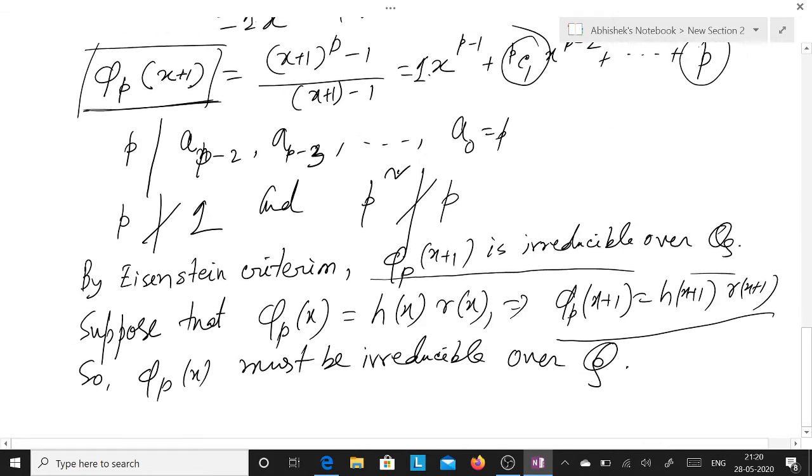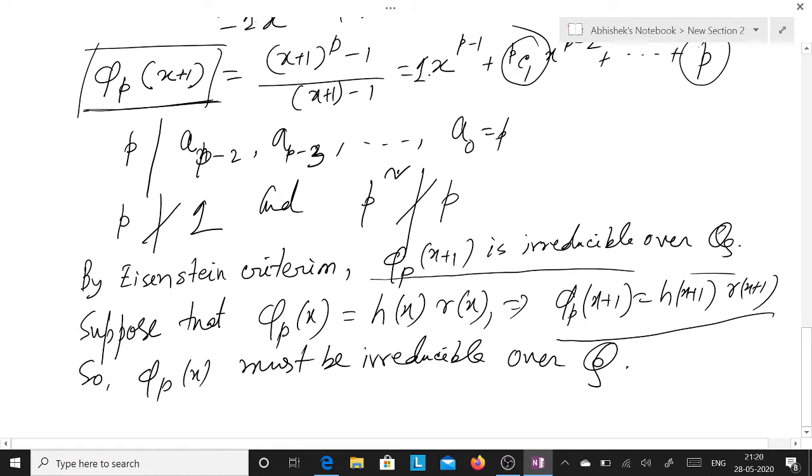And you should know that this criterion can be extended to a general integral domain and its field of quotients. It is a general criterion, not only for Z and Q, but it holds for any integral domain and its field of quotients.